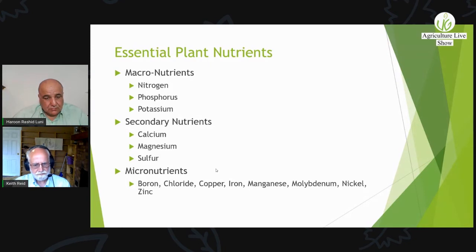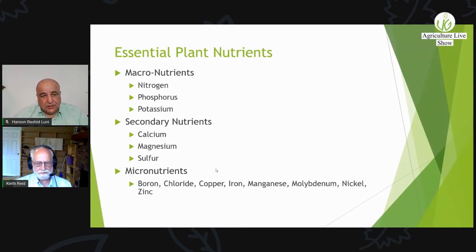Just to review, there's 14 essential plant nutrients. We've been focusing or are focusing on the macronutrients, so nitrogen, phosphorus, and potassium. They're generally needed in the largest amount by plants, and most often added as fertilizer. The secondary nutrients are calcium, magnesium, and sulfur.